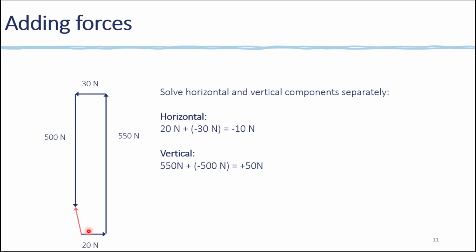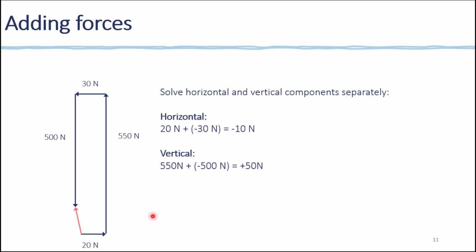And the resultant force can be represented by this arrow that connects the tail of the 20 Newton force with the head of the 500 Newton force. So you make sure that you draw the arrow starting at the tail of the 20 Newton and going towards the head of the 500 Newton force. And this resultant force is directed upwards and slightly to the left, right? But obviously that's not precise enough.